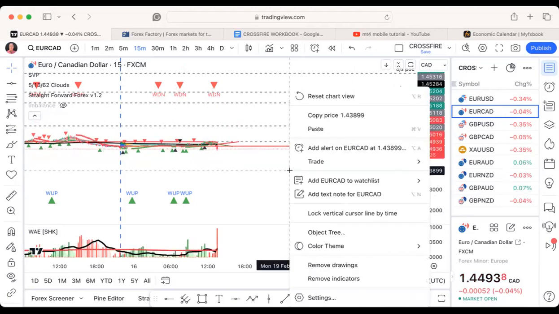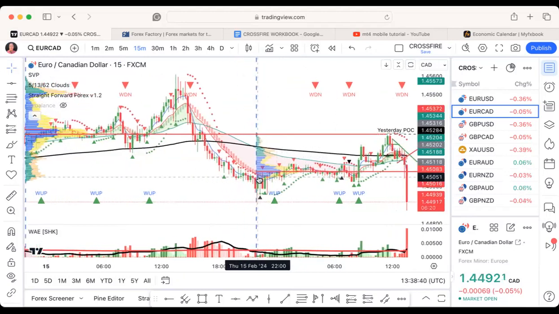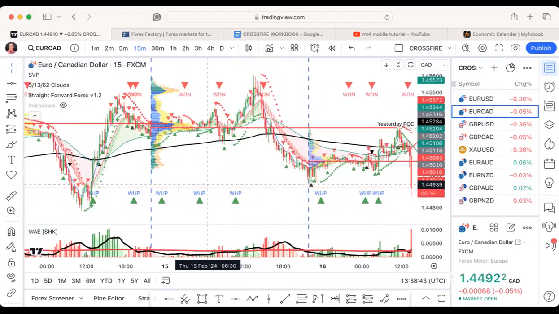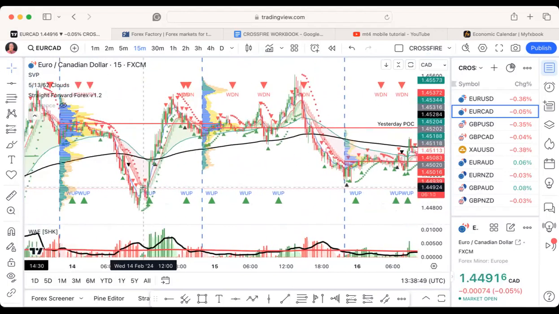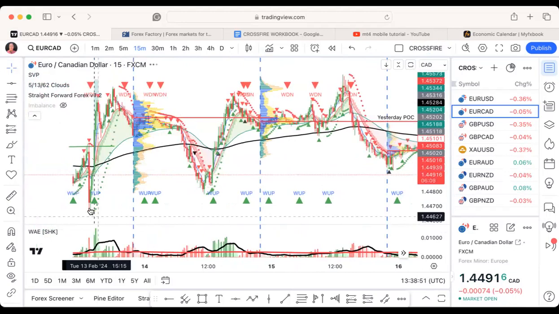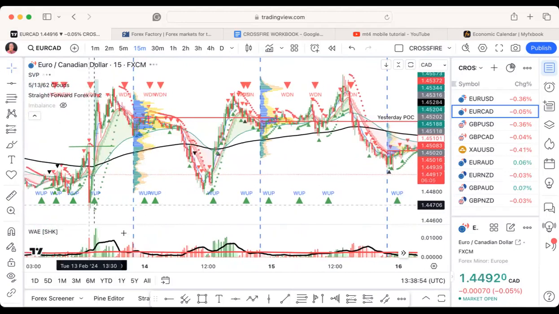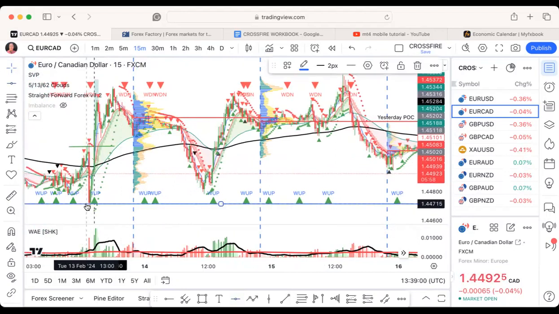I'll reset that. Let's just look left and see if there's any imbalance. Yes, there's imbalance here. Look, just below where price is now. And there's imbalance here, further down. So they might come and take this. So I'm going to mark that. I'll take it to the bottom of the candles rather than the wicks.